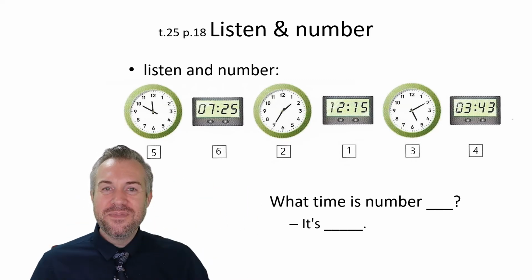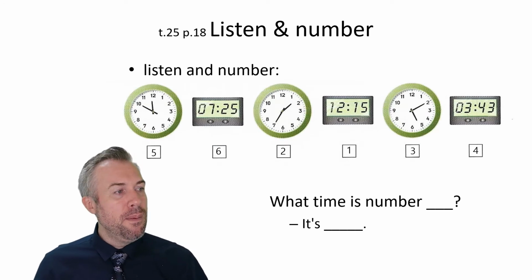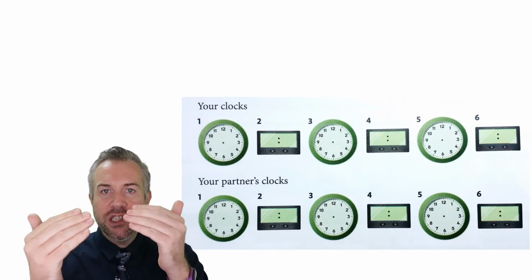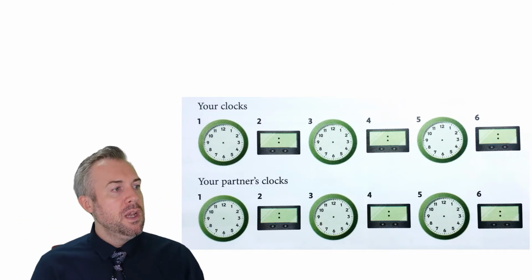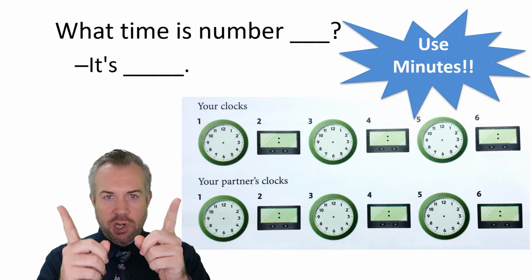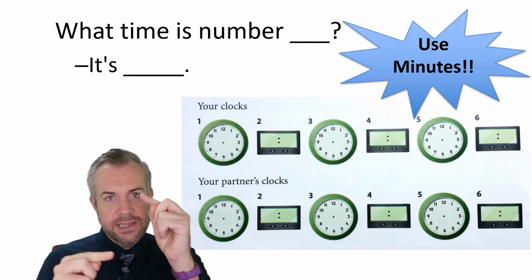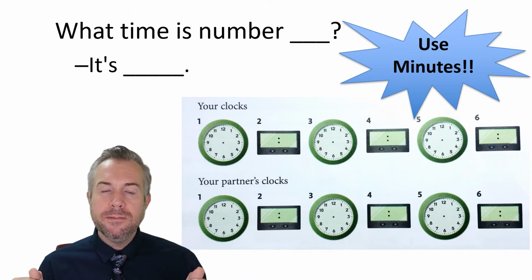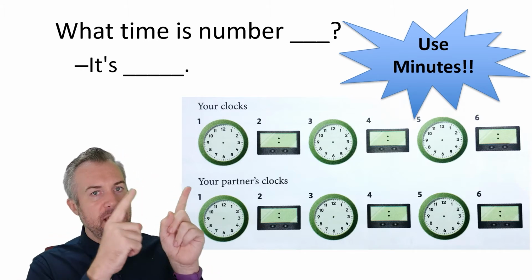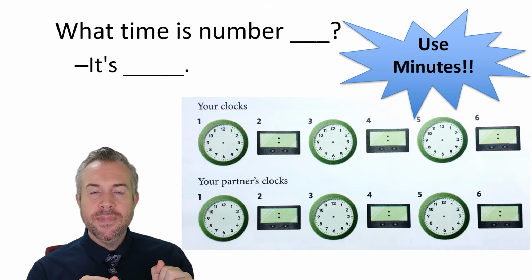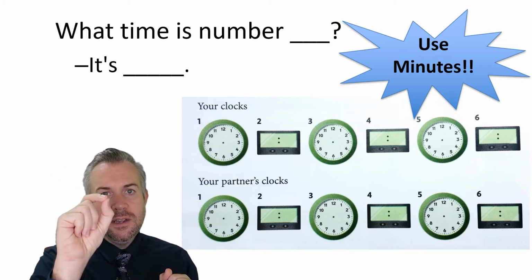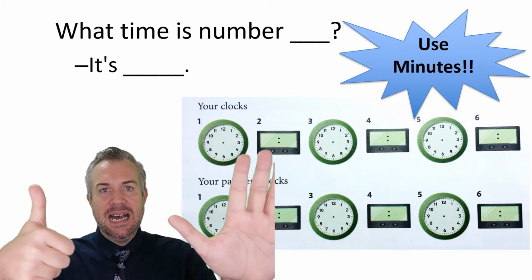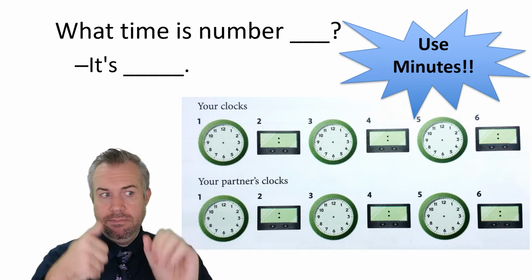Good job. The final activity on page 18 is an information swap. Your job, if you are practicing this with a friend or a family member, is to draw or write the numbers of 6 different times where it says your clocks.